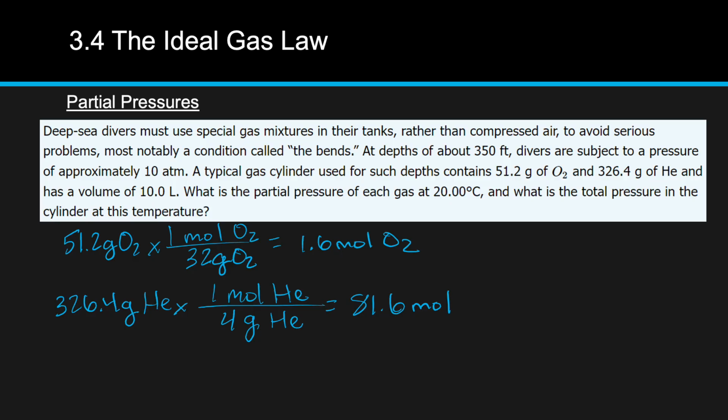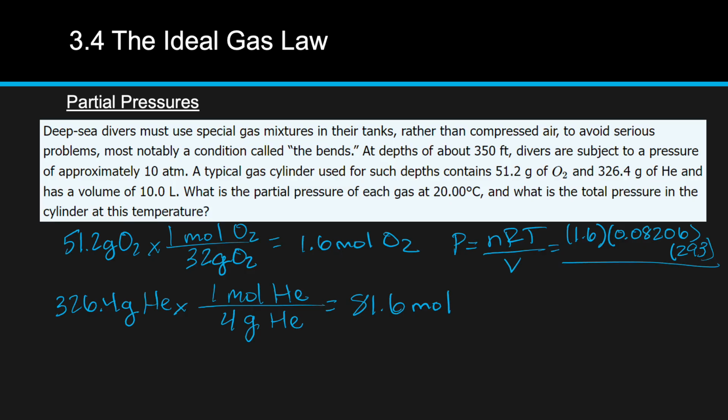Now we can solve for the pressure of O2 and the pressure of helium and then add them together to get the total pressure. So in order to get pressure, we want to be solving for P. We just solved for n, which is 1.6. Our R value for atmospheres is 0.08206. And then our temperature would be 20 degrees Celsius plus 273, which would be 293.